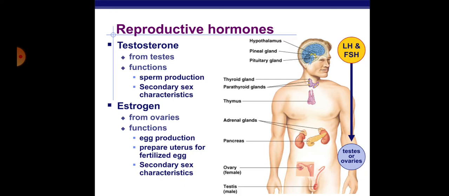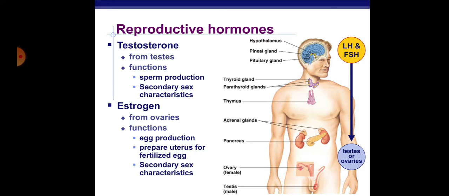The human reproduction firstly involves certain hormones, the female hormones and the male hormones. The male hormone mainly responsible for the male reproductive system is testosterone.